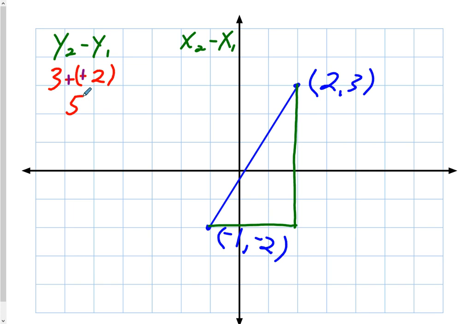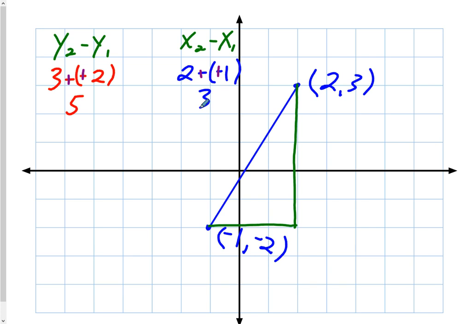Do the same thing with my x values. So I have a 2 minus a negative 1. Once again, those two become pluses. So I end up with 2 plus 1, and I end up with 3.